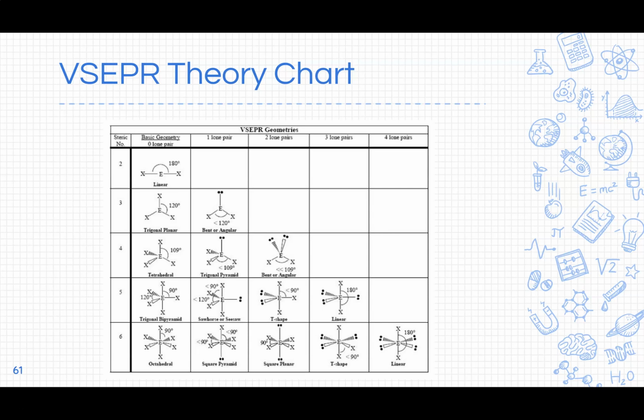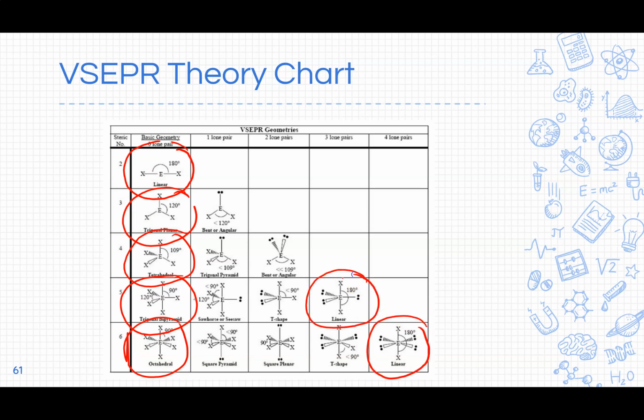Then you can identify whether it's polar or non-polar. Just to help you a little bit, because sometimes I know for me it's hard to understand the dipole moments canceling out. The ones I'm circling right now are all the non-polar ones, right? So our whole first line are non-polar, okay? These guys, they turn out to be linear. They end up being non-polar.